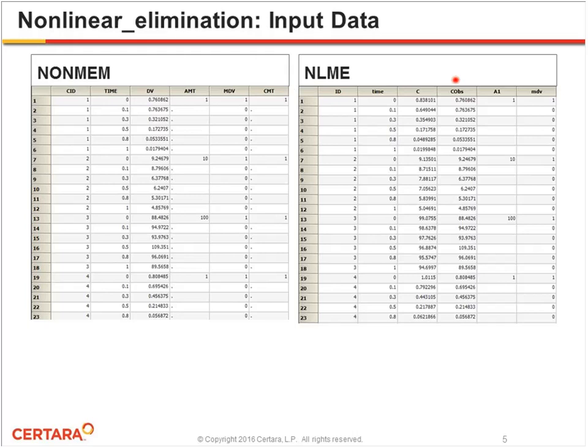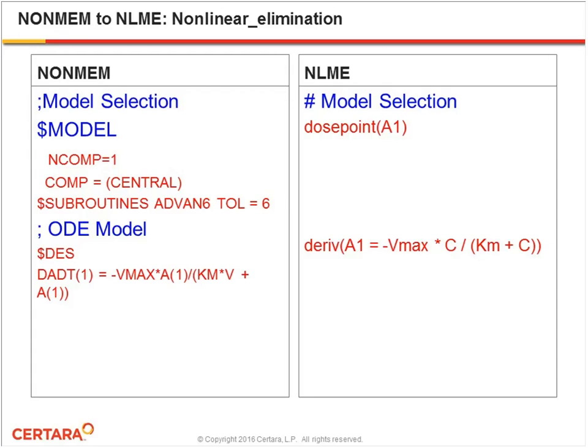Okay, so this is the input data. Now let's go through the model code line by line, starting with the model selection. Here you see on the NONMEM side 1 compartment, NCOMP equals 1, which is a central compartment.